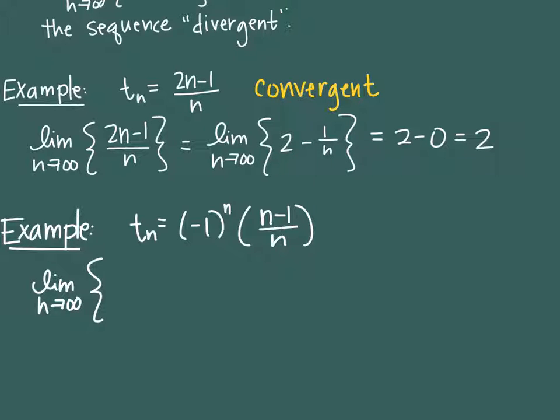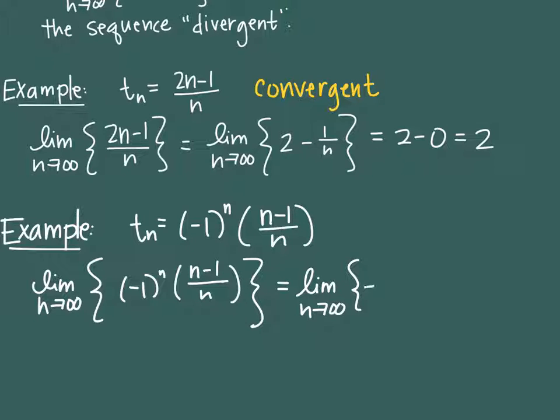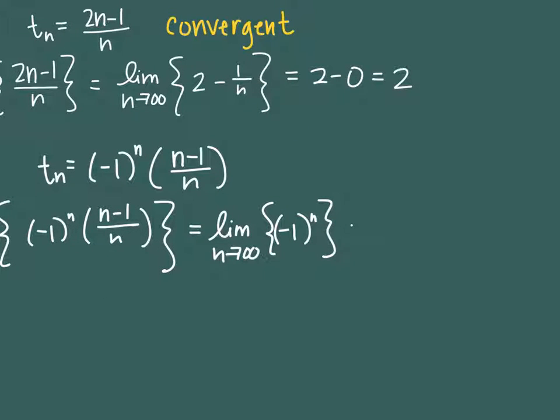All right, so to prove it, we want to take the limit of this sequence, and because it's multiplication, we can split this into two separate limits. So negative 1 to the n in its own limit multiplied by the other one.